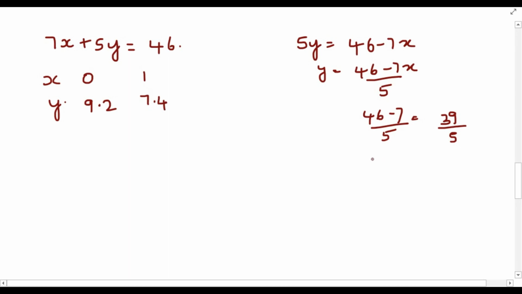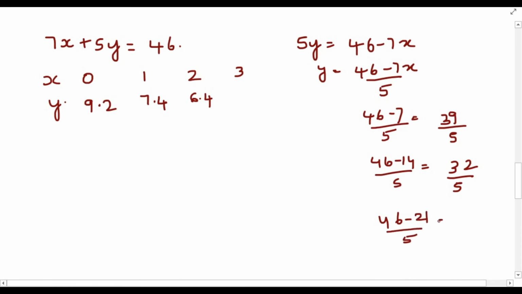When X is 2, we have (46 minus 14) divided by 5, which is 32 divided by 5, so when X is 2, Y is 6.4. Same way, when X is 3, what will be the value of Y? 46 minus 7 3s are 21, so 25 divided by 5 is 5.